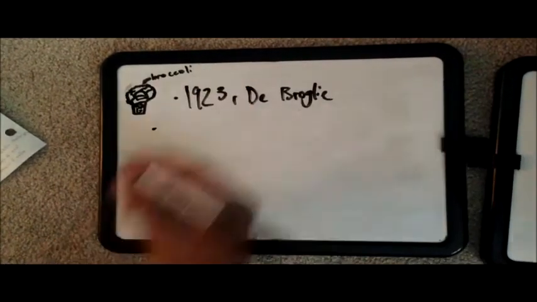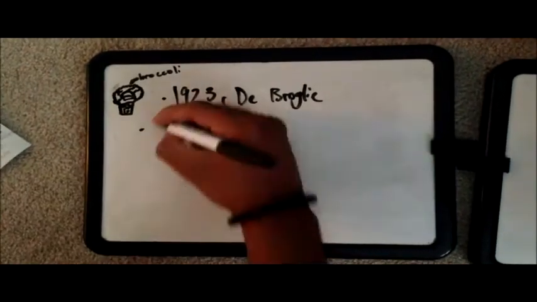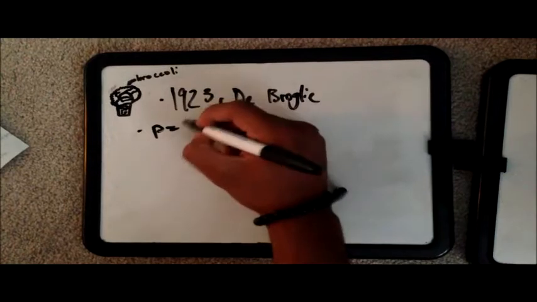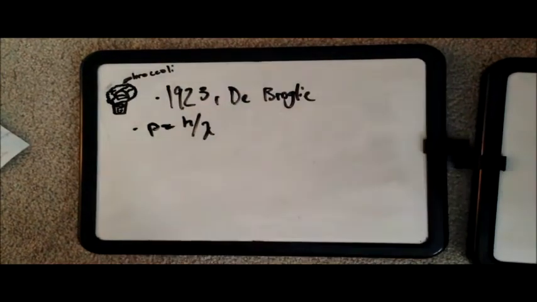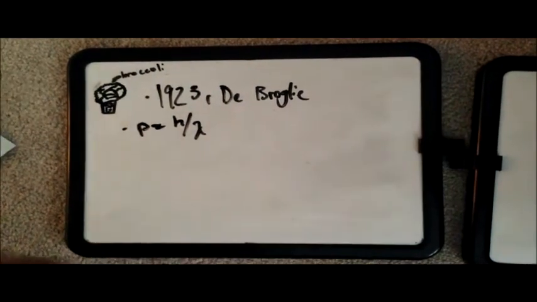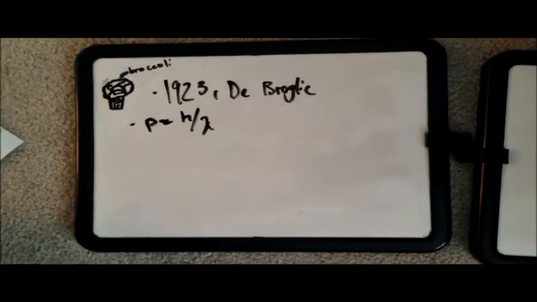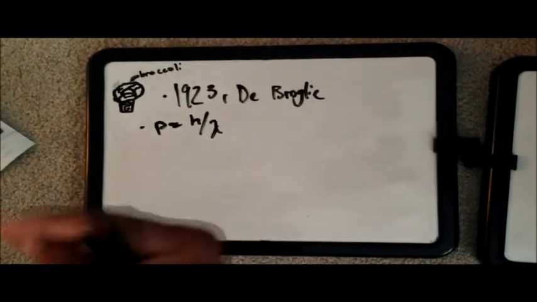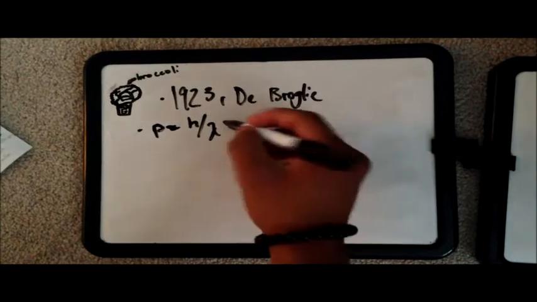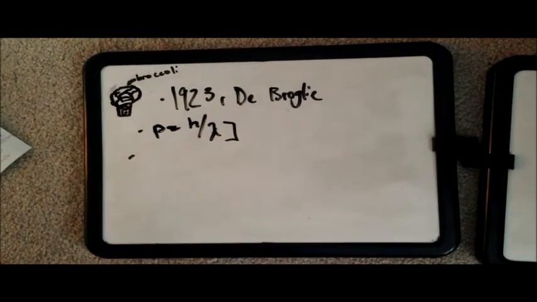De Broglie proposed that the momentum of a photon can be given by the equation: momentum is equal to Planck's constant over wavelength. With this, he showed that the momentum could be expected to have an associated wavelength, which is also seen through the equation.